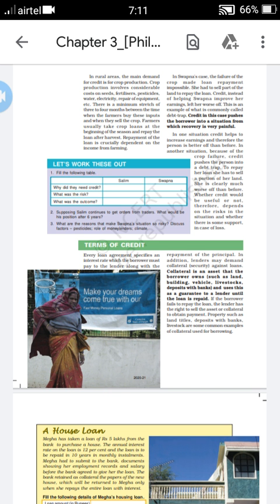Suppose I take a 10 lakh loan and I am unable to repay it. Then the security we have kept with the bank, they will take action on it. When the loan is not repaid, the lenders have the right to sell the security they have kept.